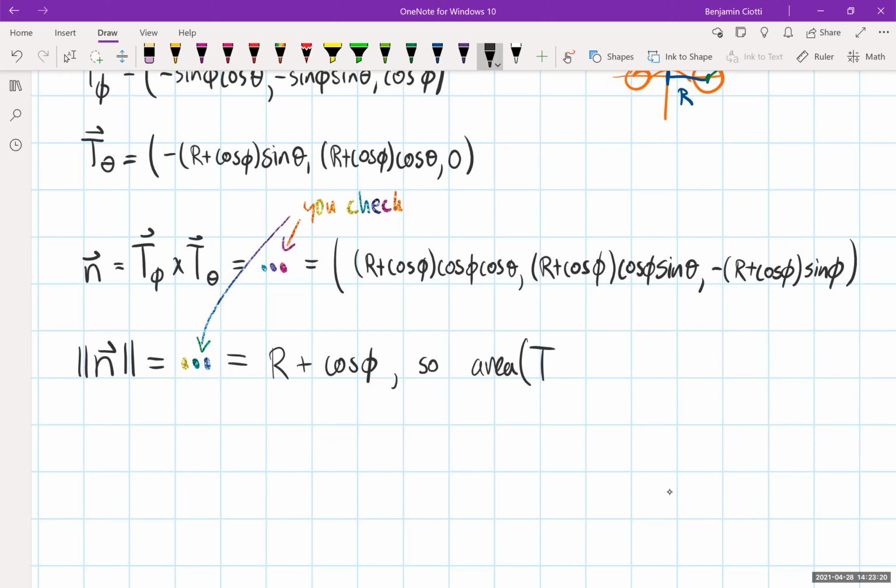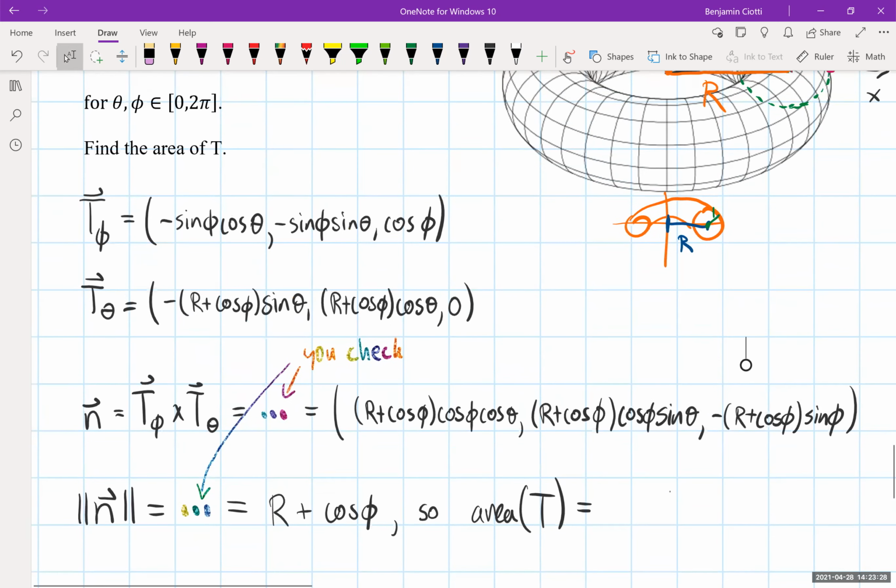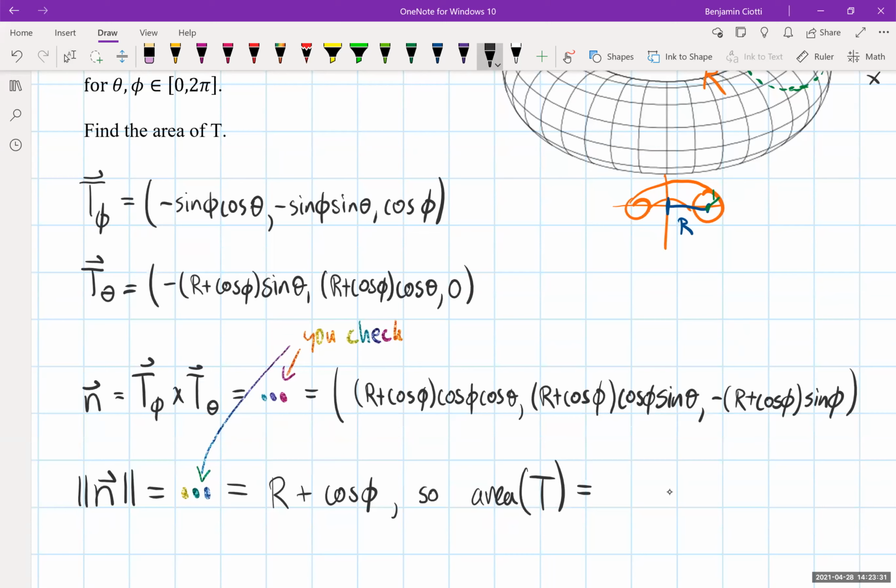So the area of the torus will be, let's look at the bounds. I think they're both from 0 to 2π. Yes, they are. Both theta and phi go from 0 to 2π.